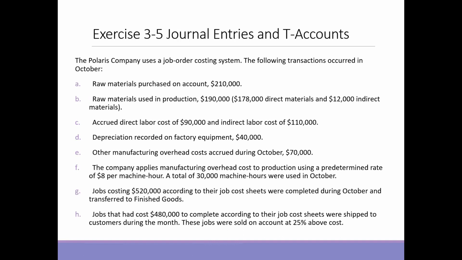Raw materials then transferred to production are $190,000. Now, how that's made up is based on $178,000 of direct raw materials going into the product cost and $12,000 of indirect materials are going straight to manufacturing overhead. Okay?